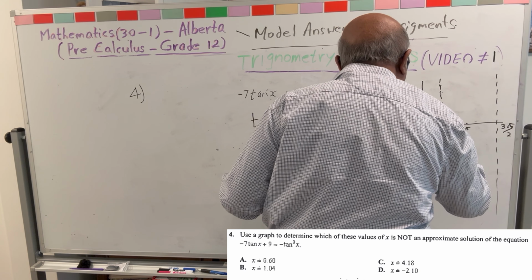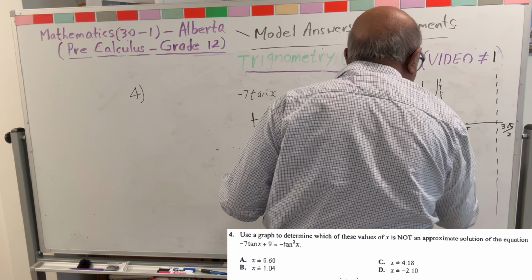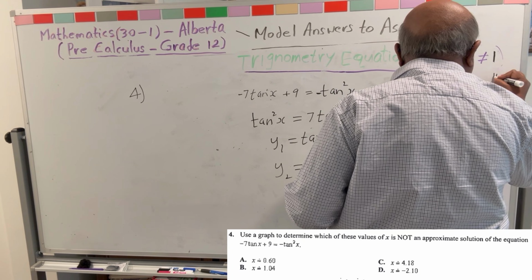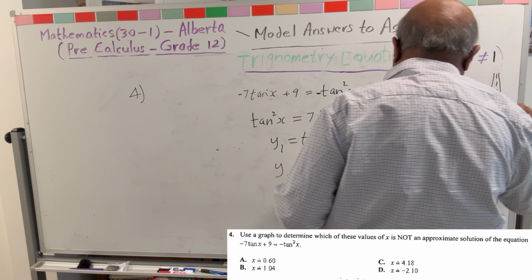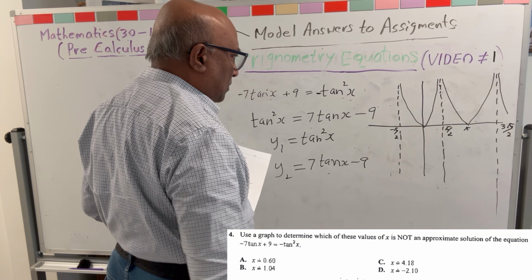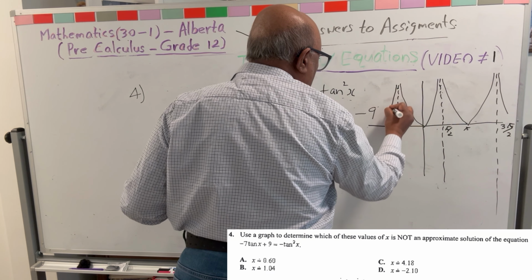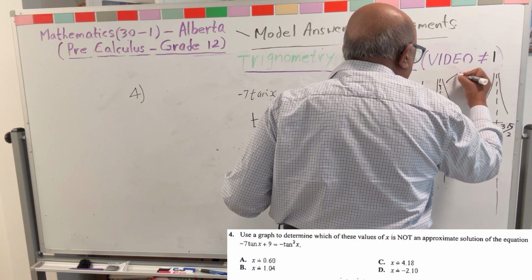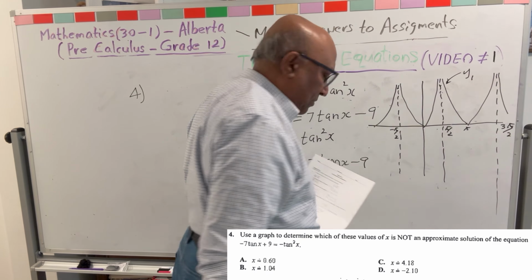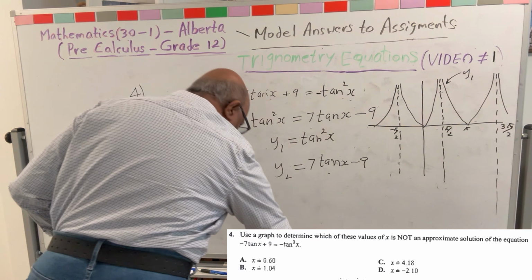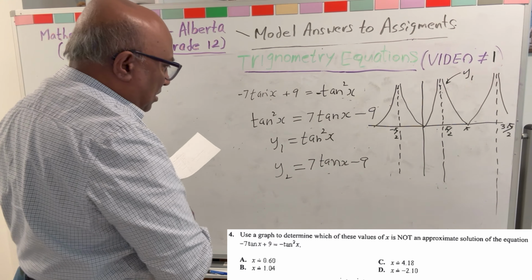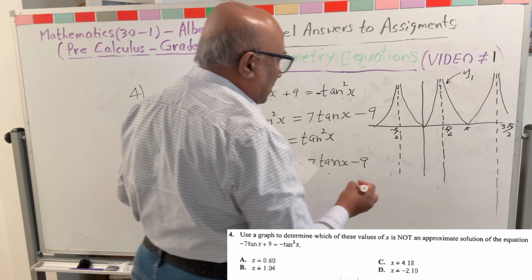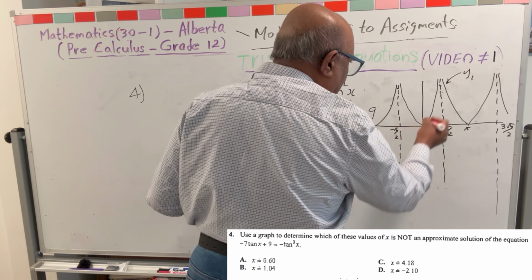Okay, these are parts of the graph y1. Then how does y equal y2 look like? 7 tan x minus 9, in between these two values.